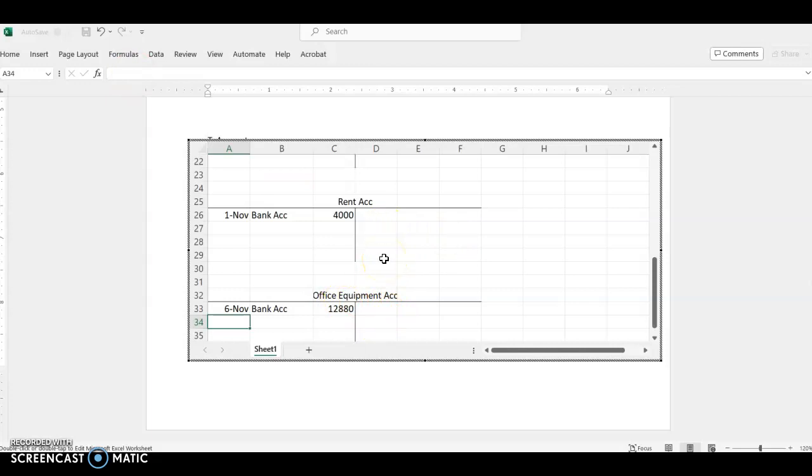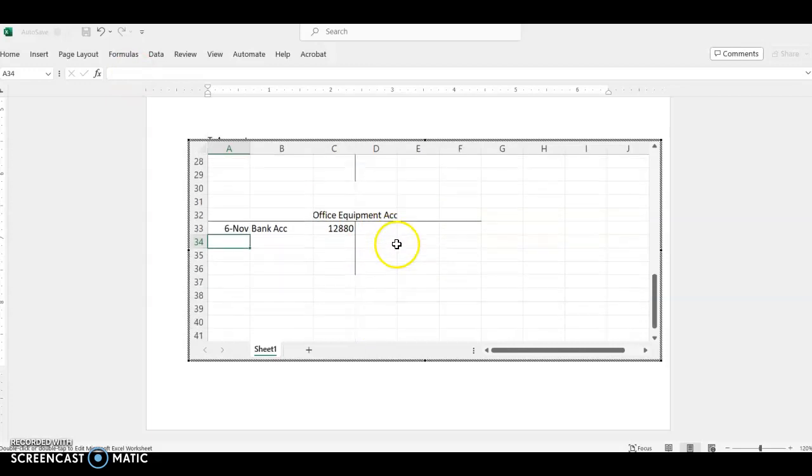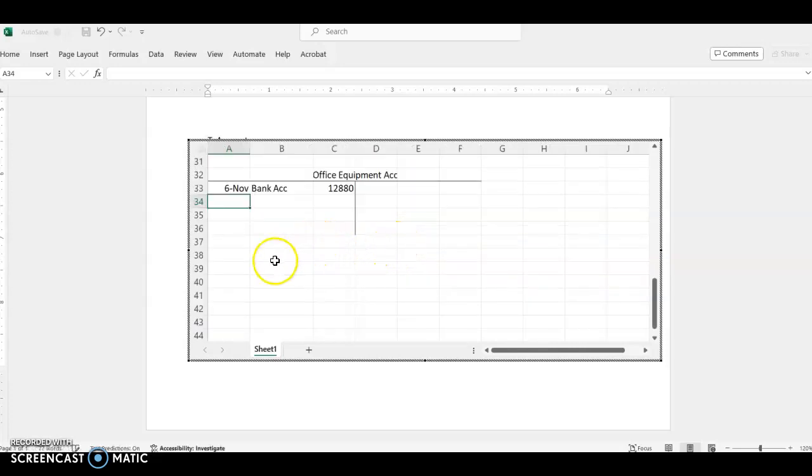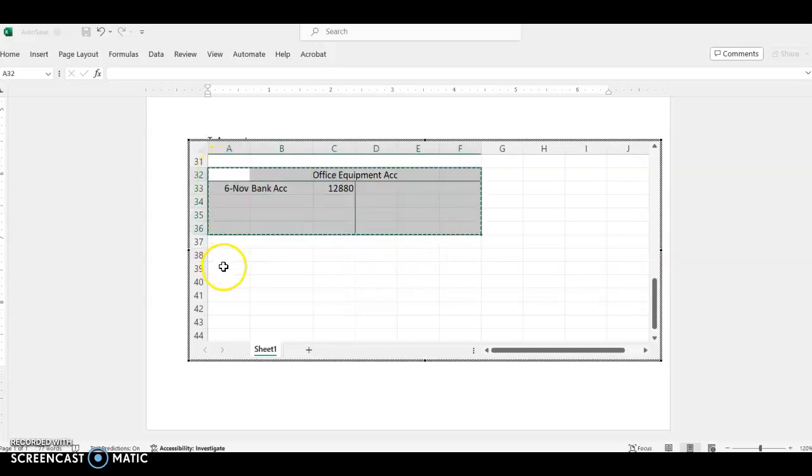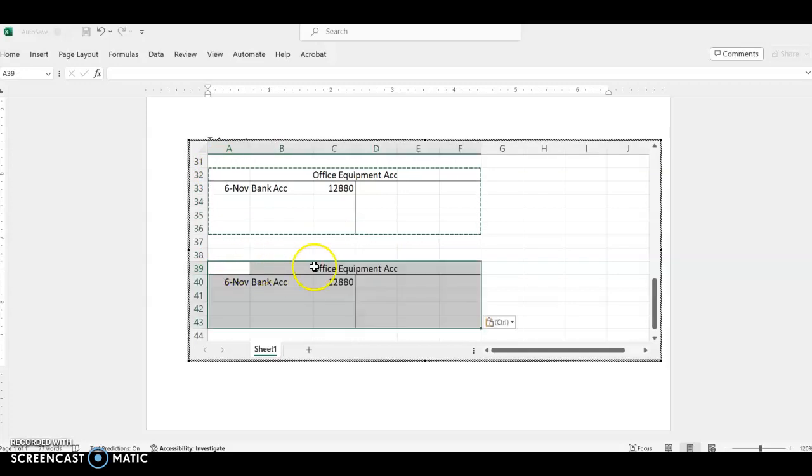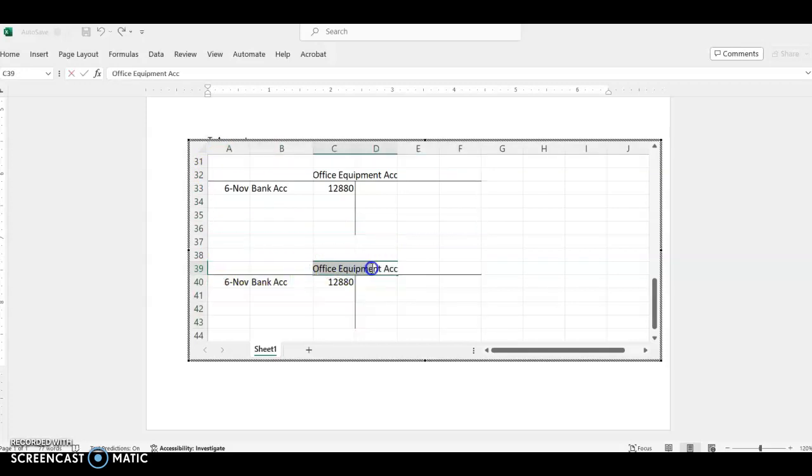Proceed with another one, purchase of truck. So we need to prepare the truck account. This is 8 November.